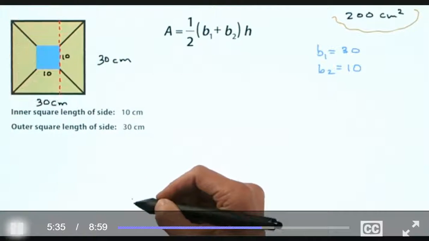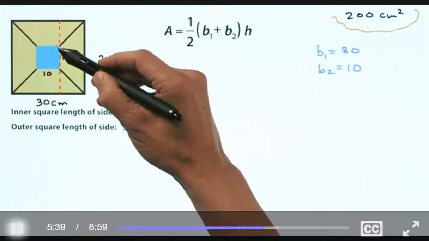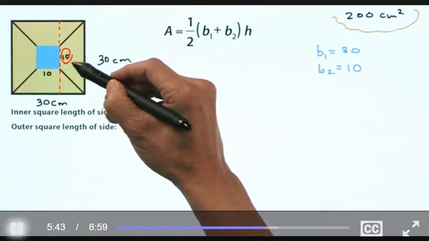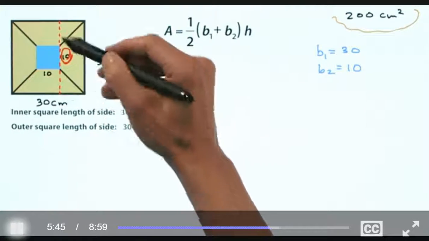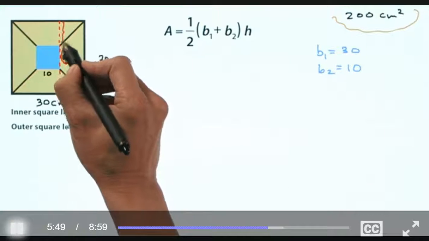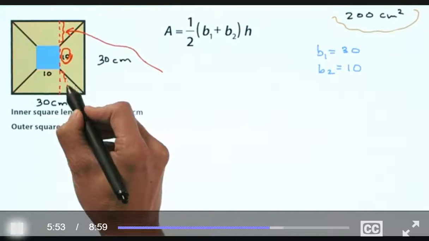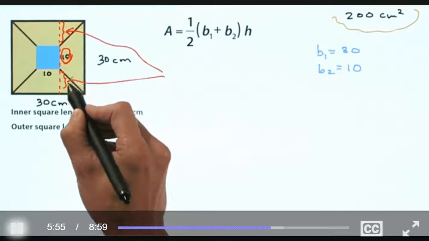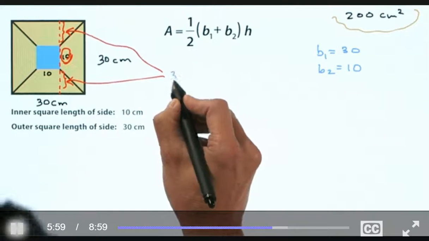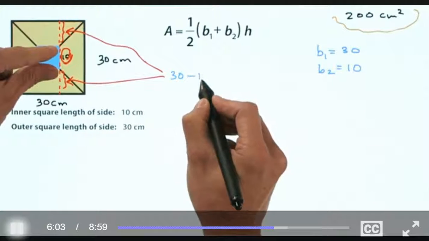Well, that is 30. But we know that this part of the dotted line, that's part of the edge of the blue, is 10. So I know this is 10. And so what's left for everything else? This piece right here and this piece right here is going to be the difference between 30, the entire length, minus the 10.